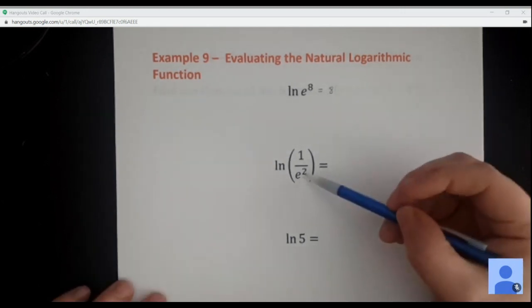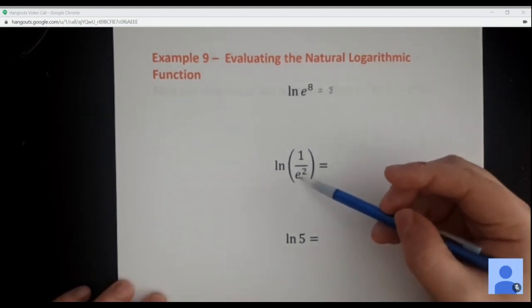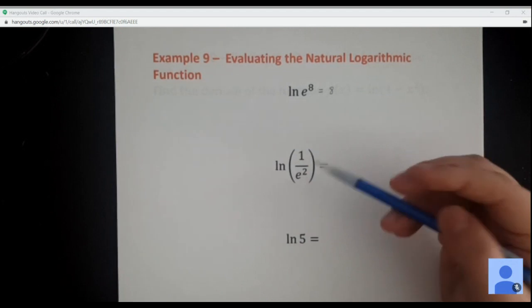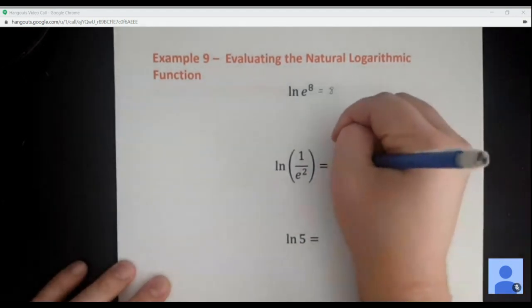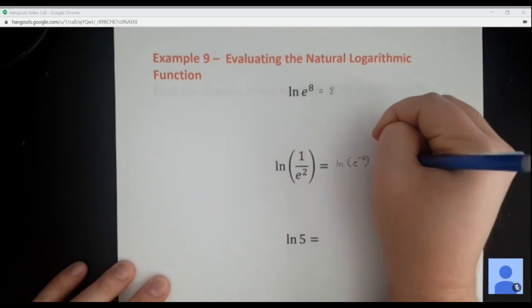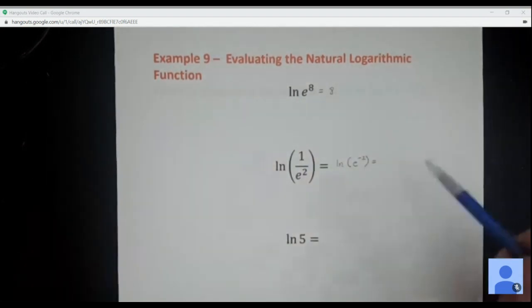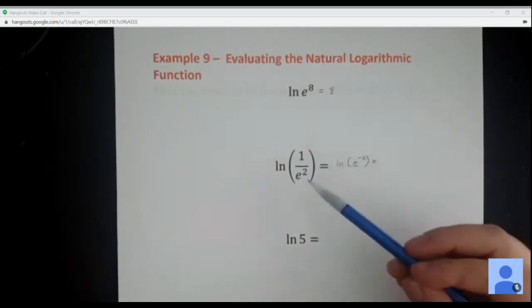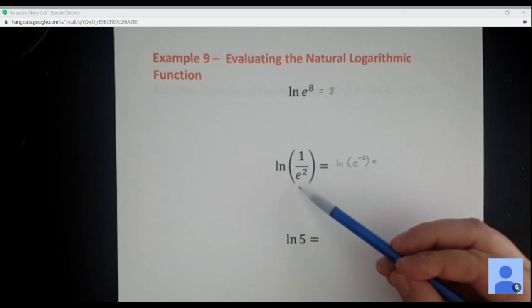Good. Since we have an e squared in a denominator now, I could rewrite that as a negative exponent. So I'm going to call this natural log of e to the negative 2 power now, because e to the negative 2 would be the same thing as 1 over e squared.